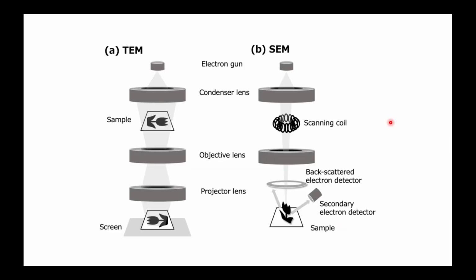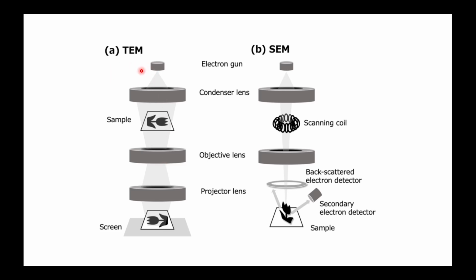So, there are two types of electron microscope commonly used, TEM and SEM. TEM stands for transmission electron microscope, SEM stands for scanning electron microscope. If the electron beam transmits through the sample, passes through the sample, so here the sample is here and this is the source, the electron gun. So, electrons are passing through the sample.